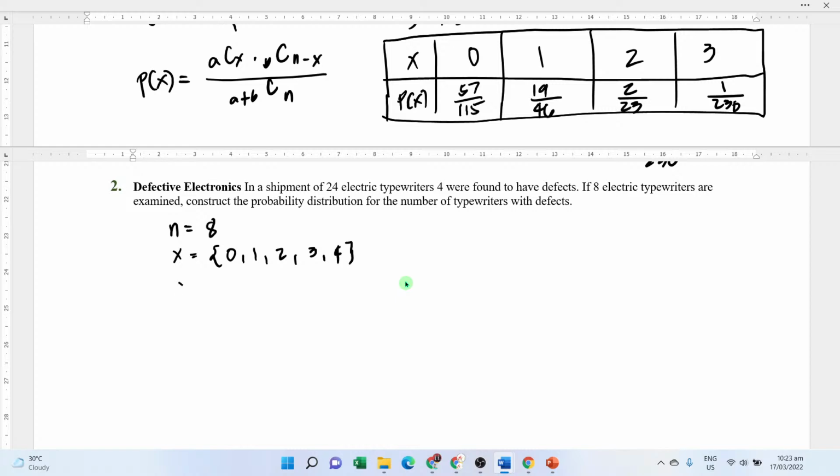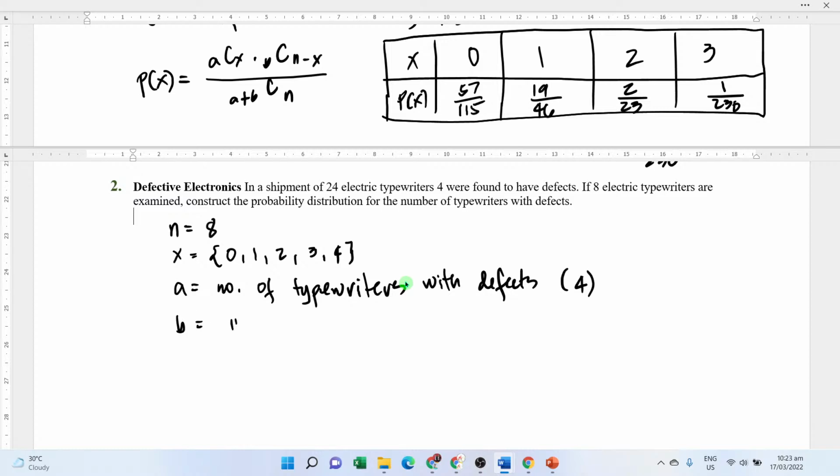Right? And then let A be the number of typewriters with defects, and that will be 4. And B be the number of typewriters, of course, without defects.